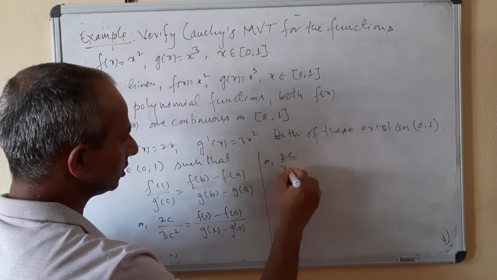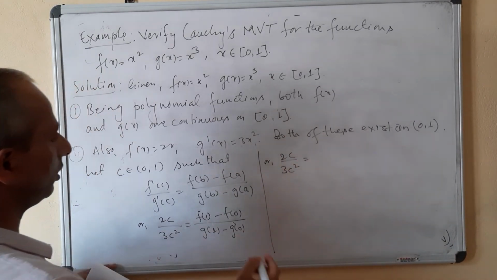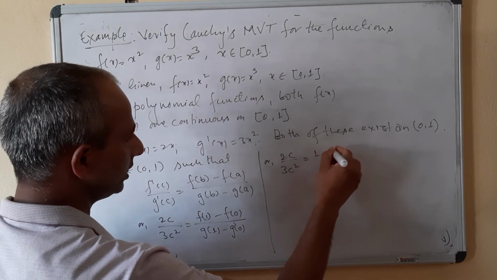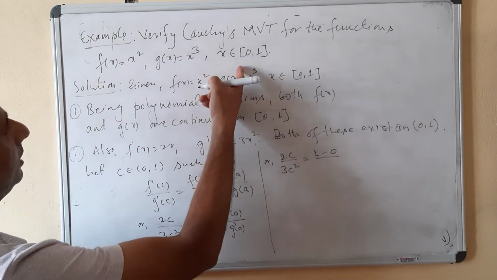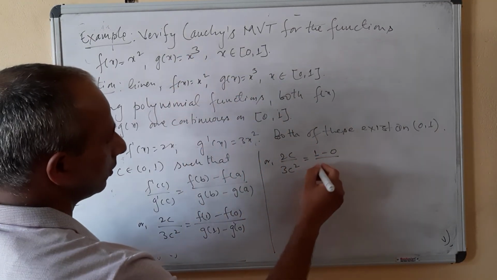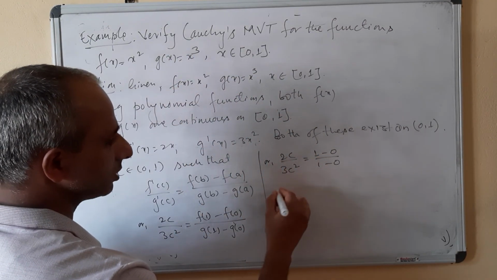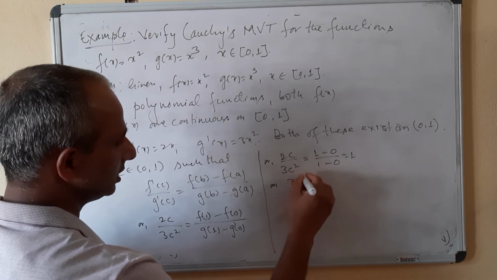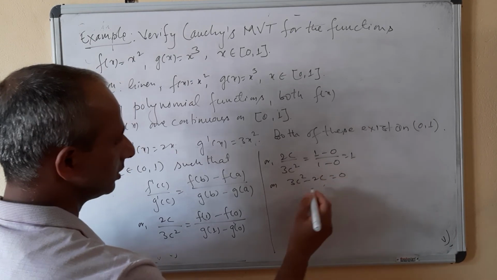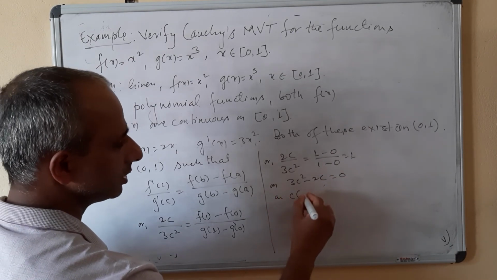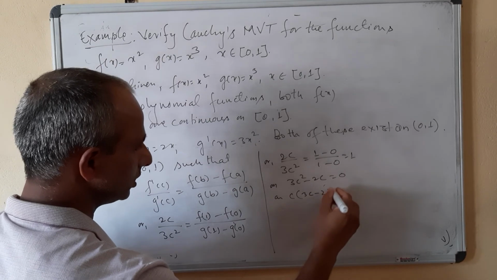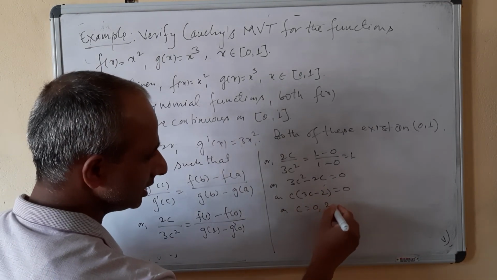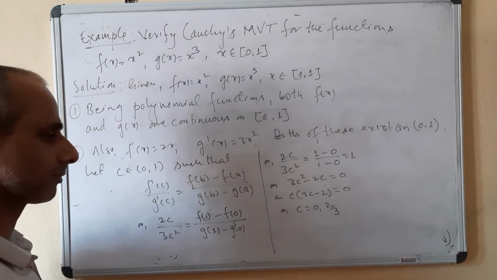Twice c upon 3 c square equal to f of 1, which is 1, minus f of 0, which is 0, upon g of 1 minus g of 0, which is 1 minus 0. If you cross multiply, you'll get 3 c square minus twice c equal to 0, or taking c common, c times 3 c minus 2 equal to 0, so c equal to 0 or 2 by 3.